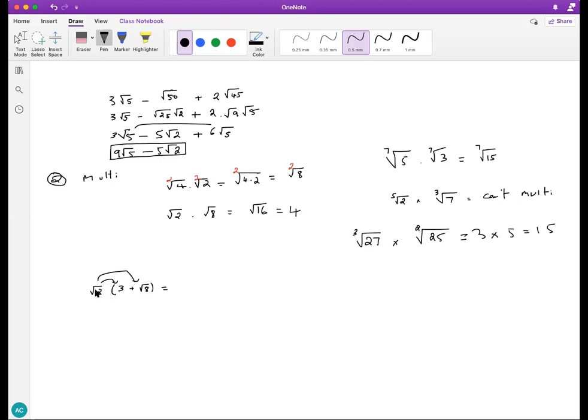So radical 2 times 3. As you can see, this one has a radical. This one does not have a radical. So it's not 6, okay? This times this is not 6. Be careful with that because this one does not have a radical. The other one, they both have radicals. So radical 2 times radical 8.